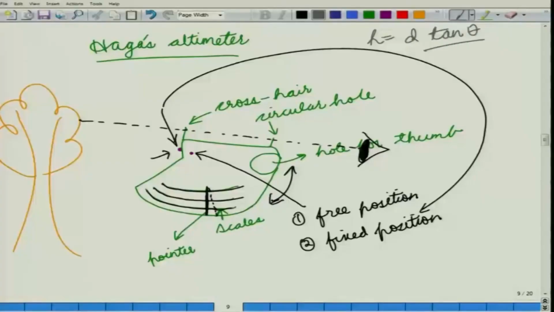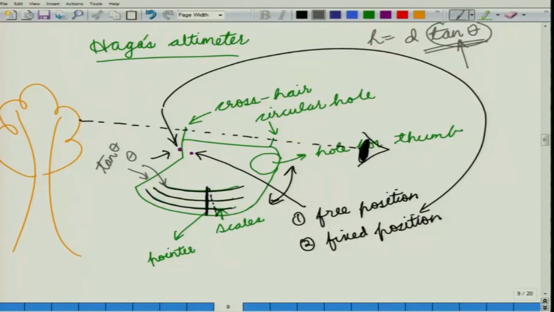But what this device does is, it directly calculates tan theta and shows it on one of the scales. So, one scale would show you theta, another scale would show you tan theta.